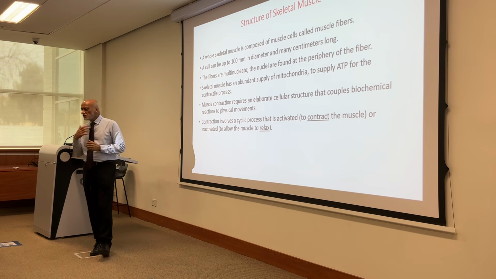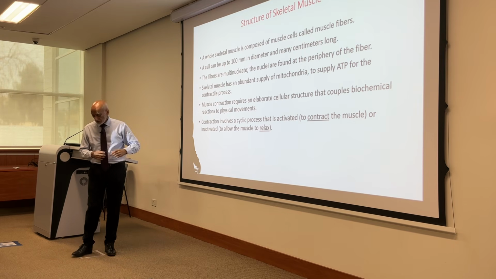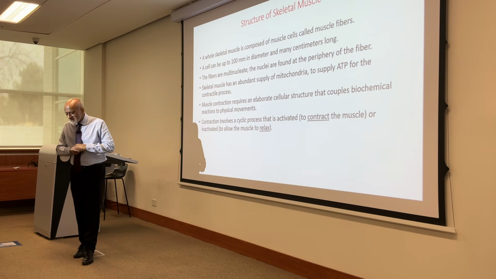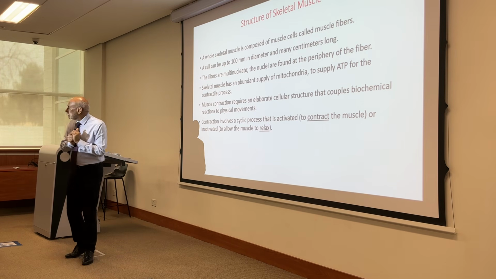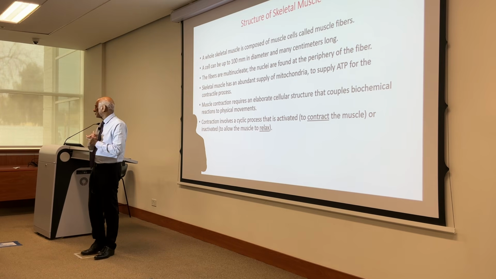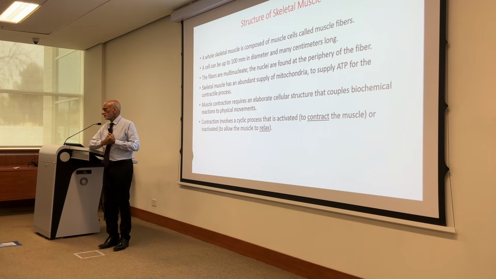Now, this is one of the few multinucleate cells we have in our body. That's muscle fibers. The other one is osteoclasts. Do you know what osteoclasts are? Yes, it's the cell that breaks down bone. Okay? Osteoclast, and the other one is the megakaryocyte, the one that gives you platelets.